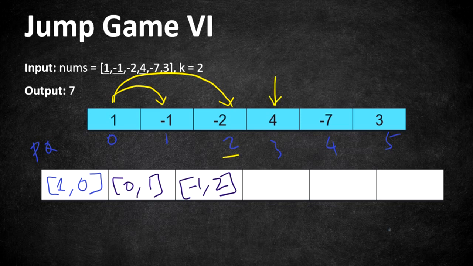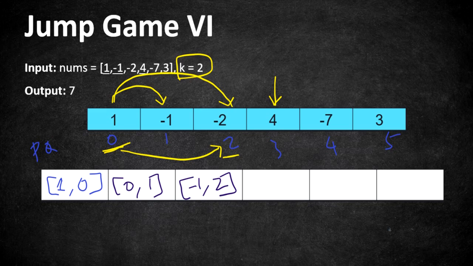The maximum position we can reach from the 0th index is 2, because we can take a maximum of only 2 steps. So we don't have any connection from the 0th index to the third index, and we cannot reach any other positions from the 0th index.